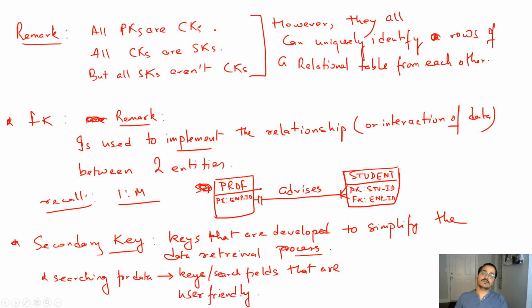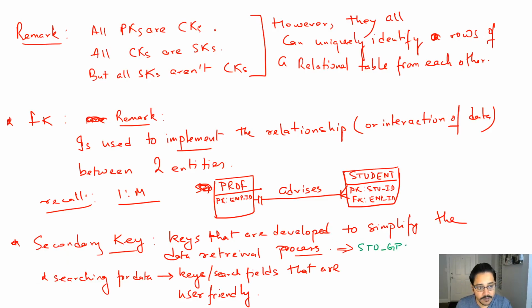So any attribute or any set of attributes that helps us simplify this process of retrieving the data is a secondary key. As a result, there is no uniqueness in the results that might be returned. Some examples of secondary keys would be, let's say, student GPA.